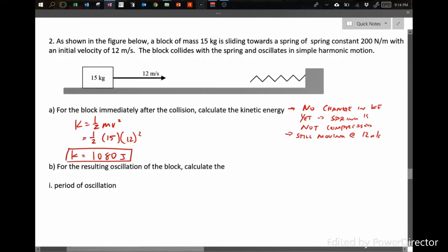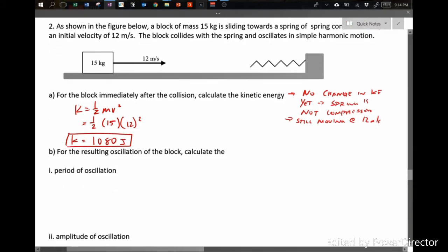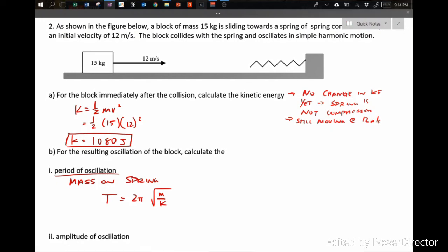Very simple. For the resulting oscillation, calculate the period. Okay, period of oscillation. Well, because we're a mass on a spring, the period is equal to 2 pi on the square root of m over k. Now, with this formula and the corresponding formula for a pendulum, they're given.